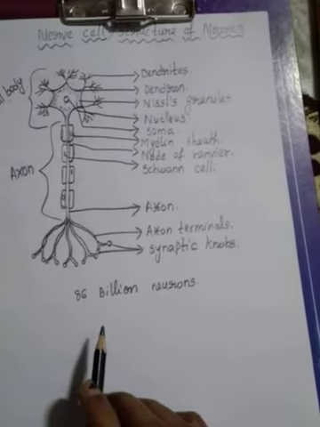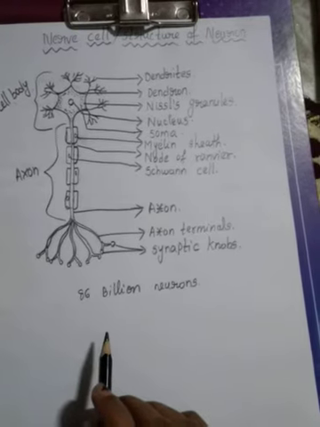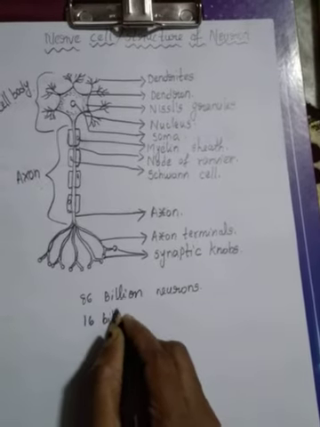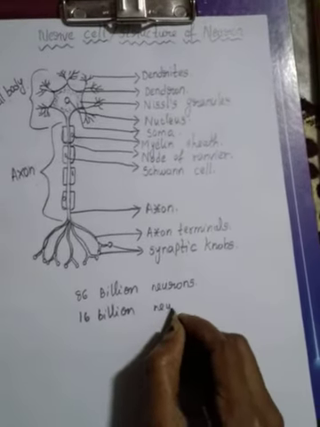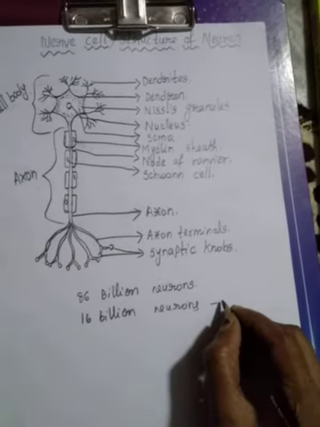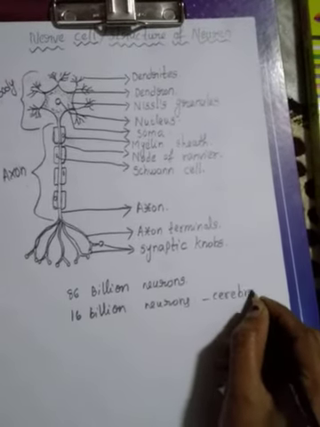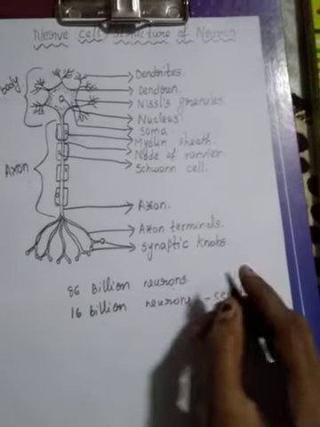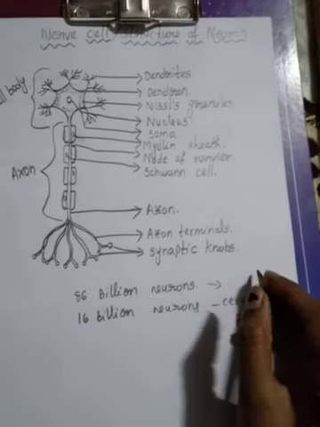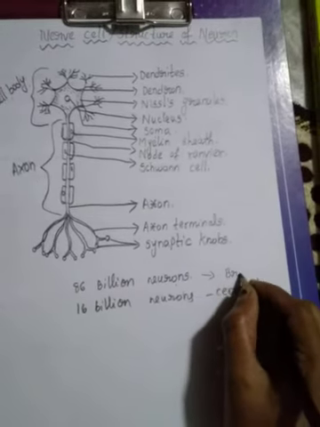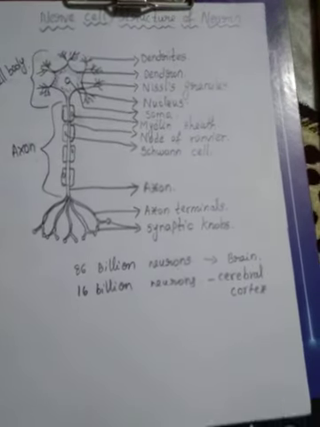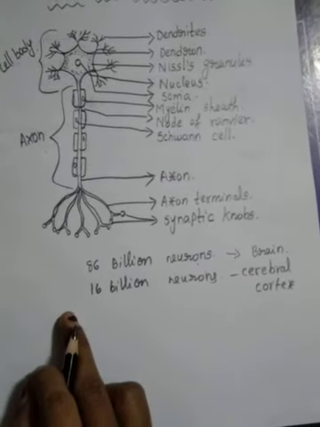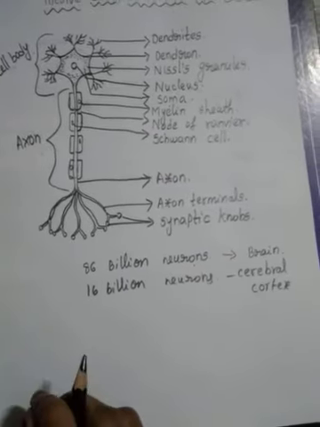The human brain has about 16 billion neurons in the cerebral cortex. The neurons are supported by glial cells or astrocytes.